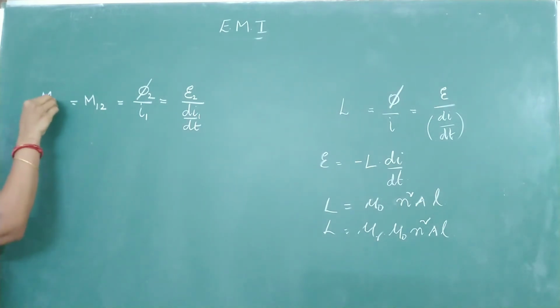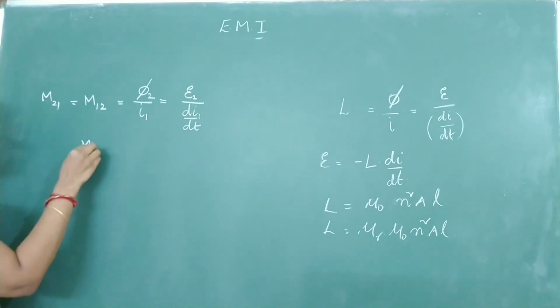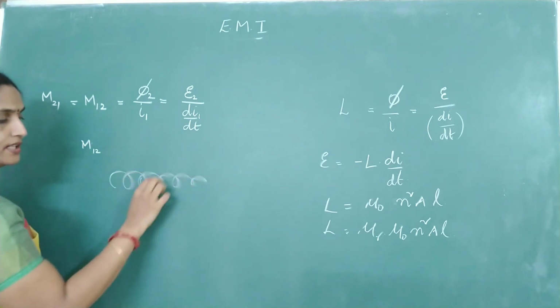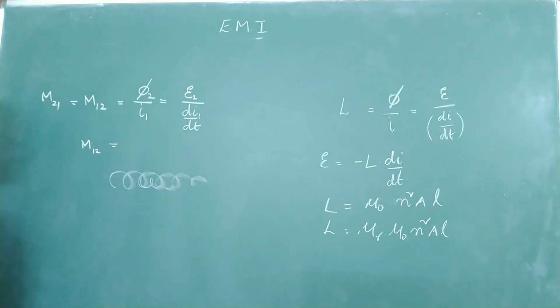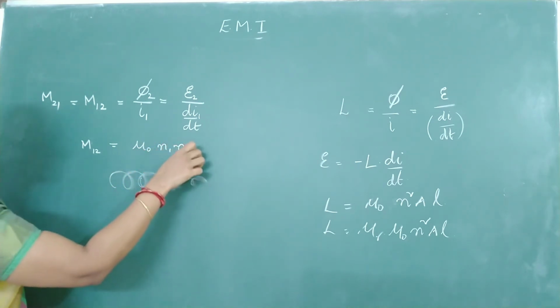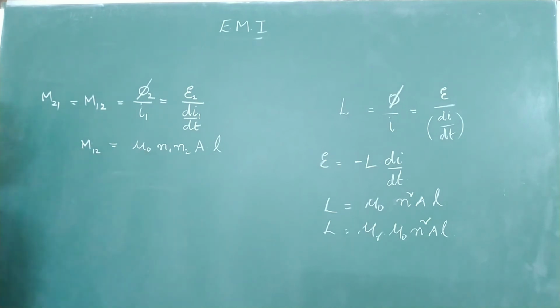Anyway, M12 will always be equal to M21. So what is the mutual inductance for two solenoids? If one solenoid is inside the other, then we have proved that it is mu naught N1 N2 A into L. Okay, when the two solenoids are of different area and different length.